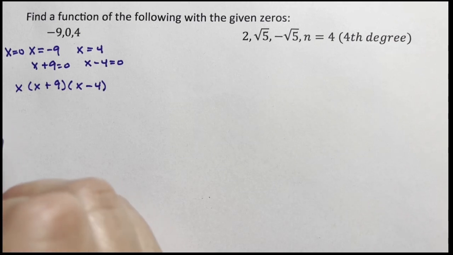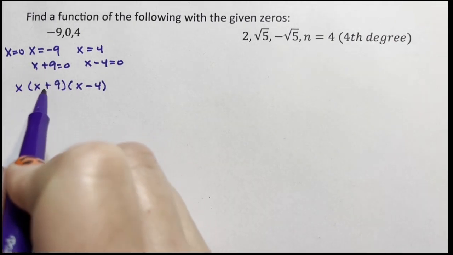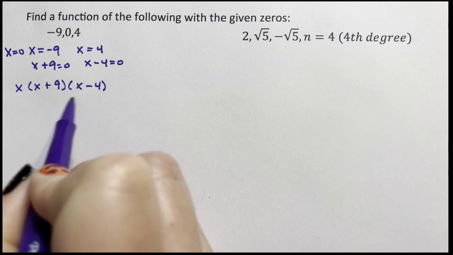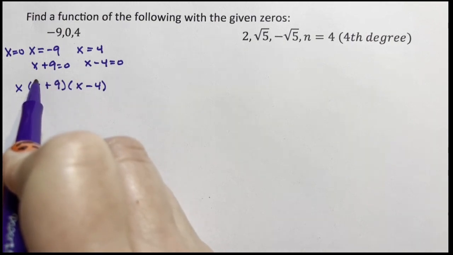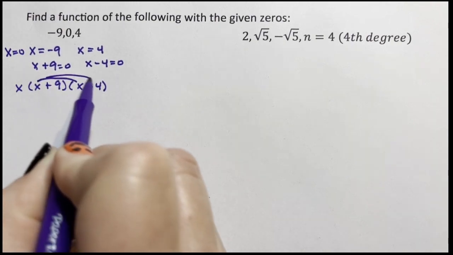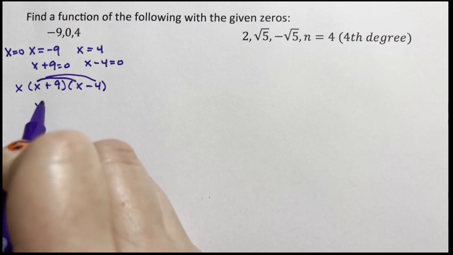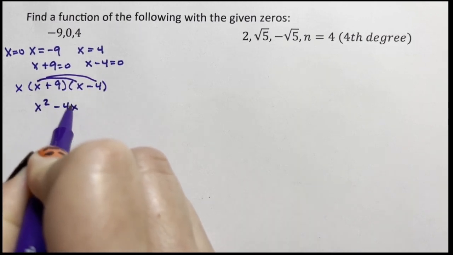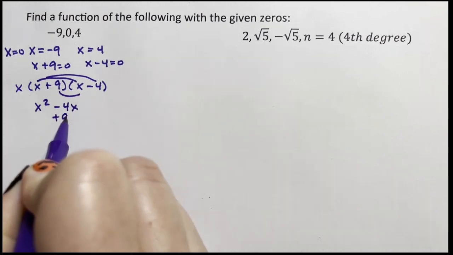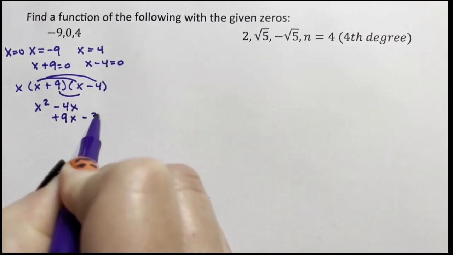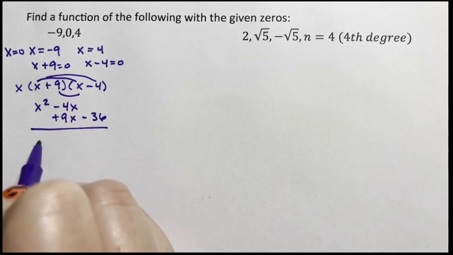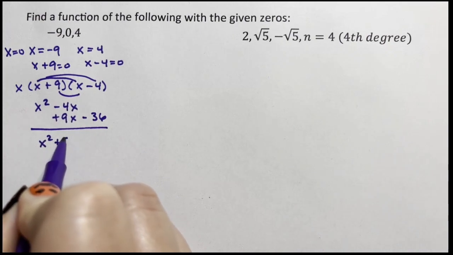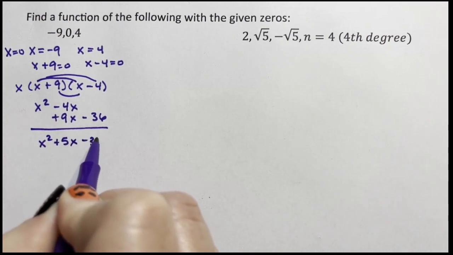So I am going to start off with multiplying out the binomials. I am going to use distributive property with stacking. X squared minus 4x plus 9x minus 36. This gives me x squared plus 5x minus 36.